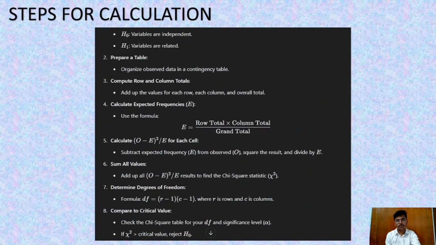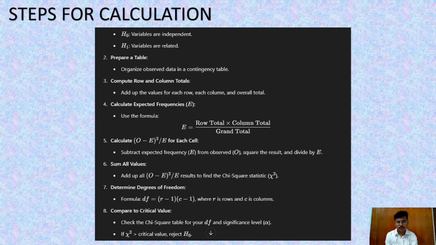So the basic steps for calculation of this chi-square are, H0, that is, variables are independent, and H1 is variables are related. So we need to prepare a table, organize the observed data in a contingency table, and compute row and column totals. So add up the values of each row, column and the overall total.